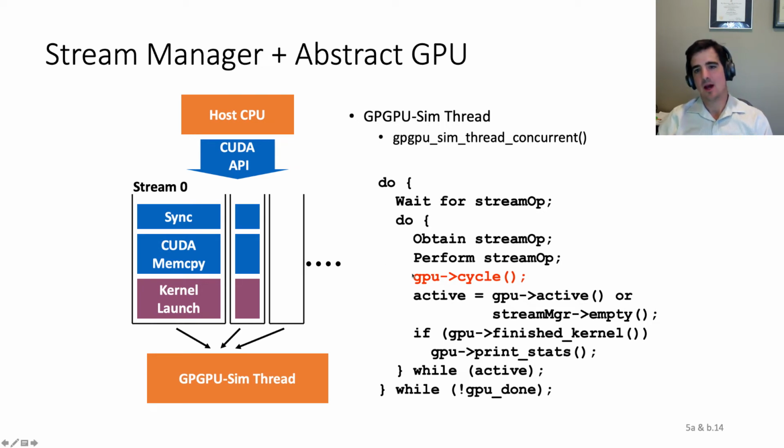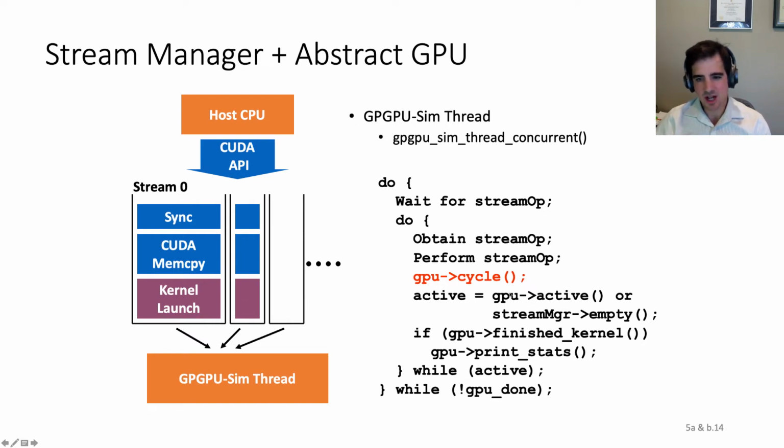If you want to figure out what's going on here, there's a function GPU sim thread concurrent. If you find that inside the simulator, this is some pseudocode that is showing you what's happening. Essentially the GPU thread is going to wait around for a new operation to come into a stream. That could be a CUDA mem copy or a CUDA launch. And then as soon as it's got something, it will try and operate on it.